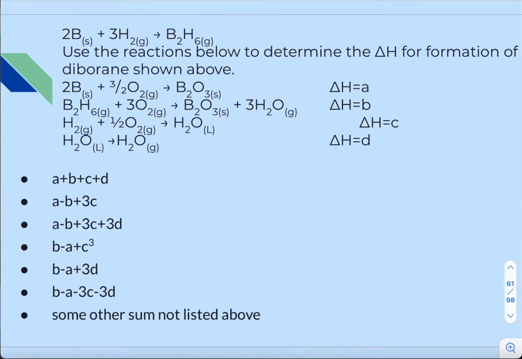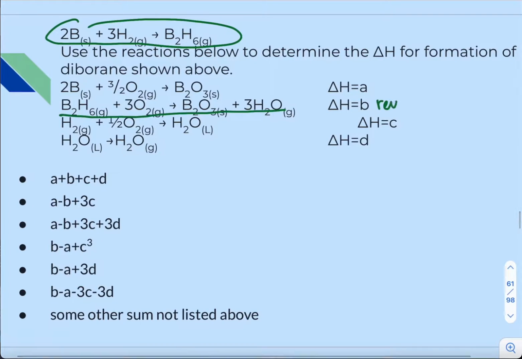This is just a Hess's law question. In order to get this overall reaction, you would reverse this one. So that would be negative B. You would keep this one.